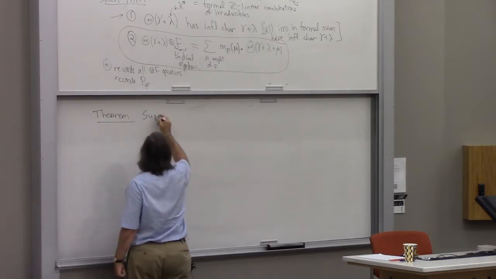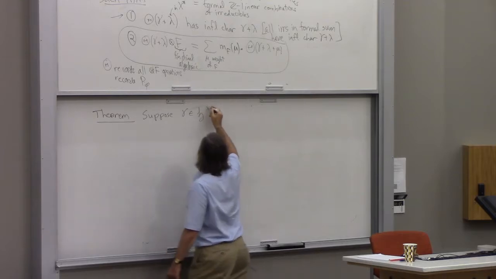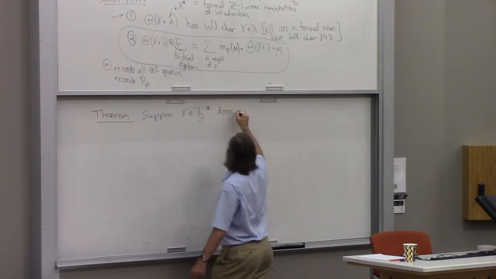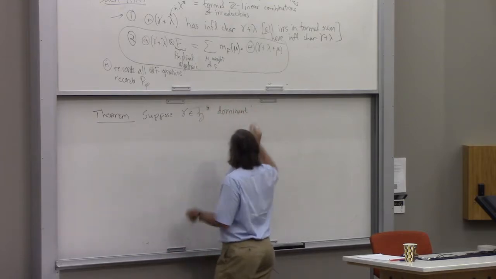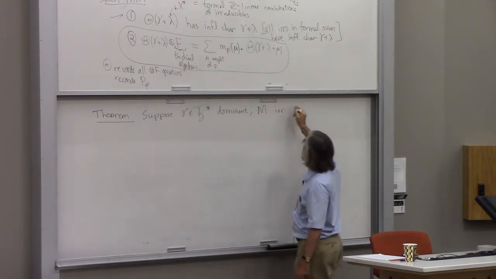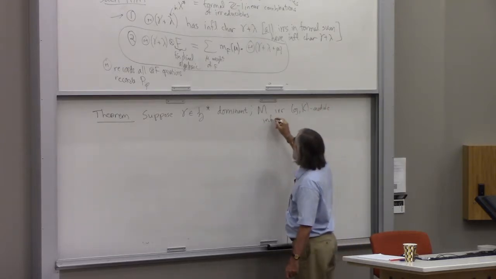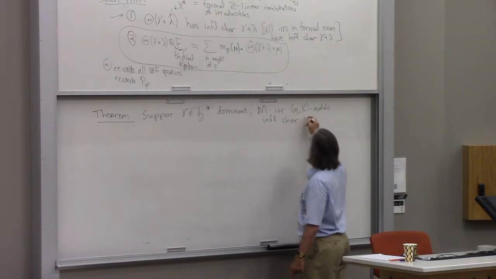Suppose gamma in H star is dominant, doesn't matter, and M is an irreducible GK module of infinitesimal character gamma.